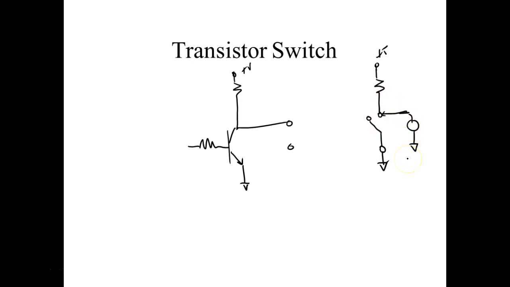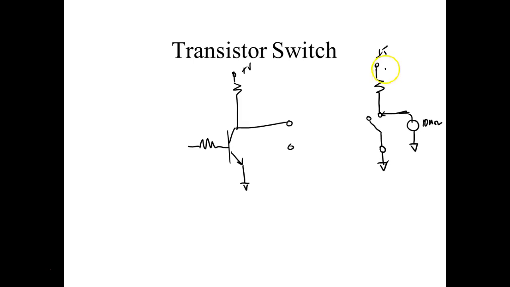Technically a meter has about 10 megohms worth of resistance when you have it on volts. So for all practical purposes, it's an open circuit. There's a tiny bit of current flowing through that, but it's not enough for my meter to even measure. You could do the math.